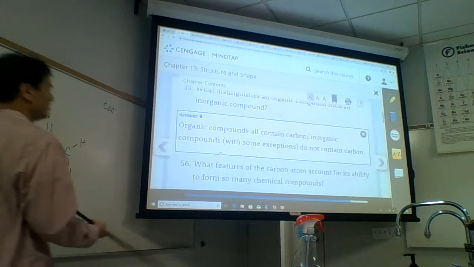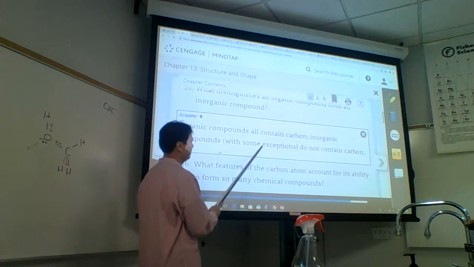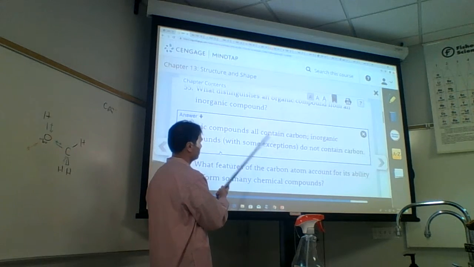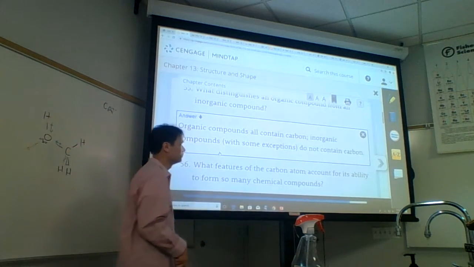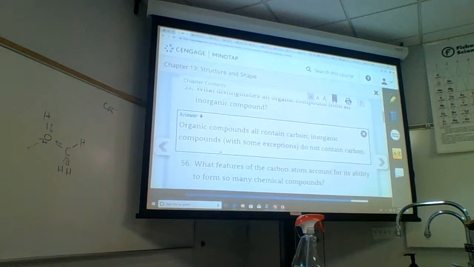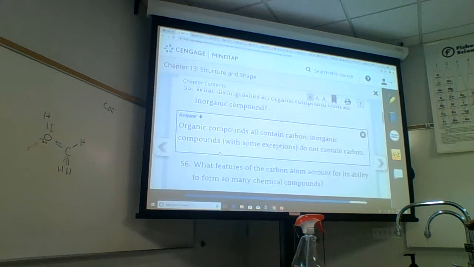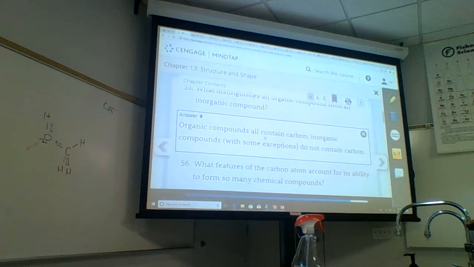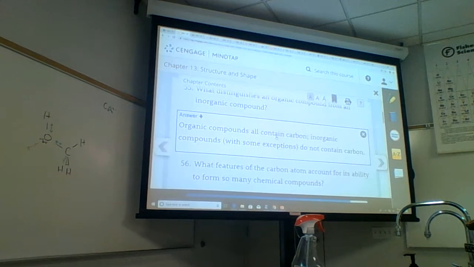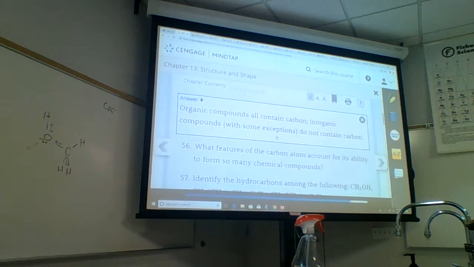Some organics don't contain hydrogen, and some inorganics contain carbon, so there are some exceptions. But it's basically a carbon-based compound. All organic compounds contain carbon. Inorganic compounds can contain the rest of the periodic table and sometimes carbon.